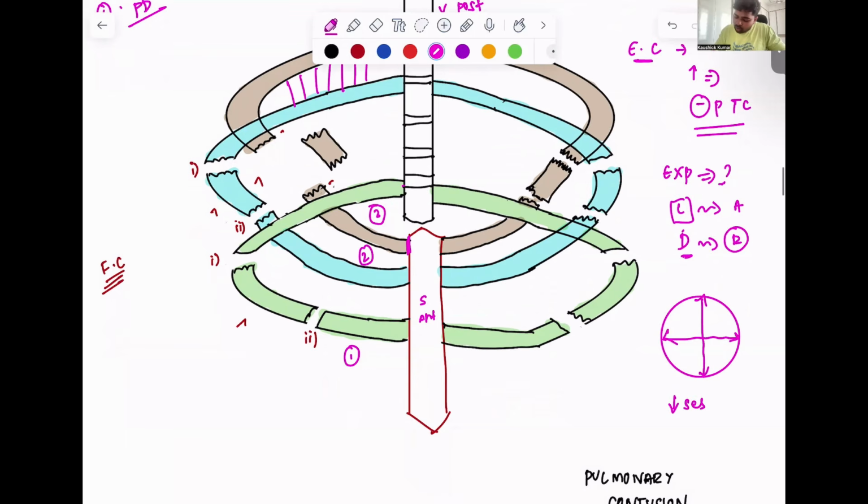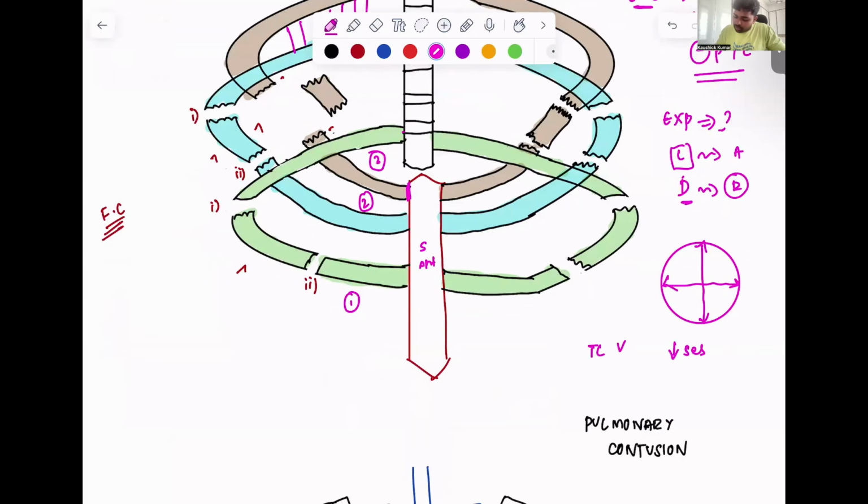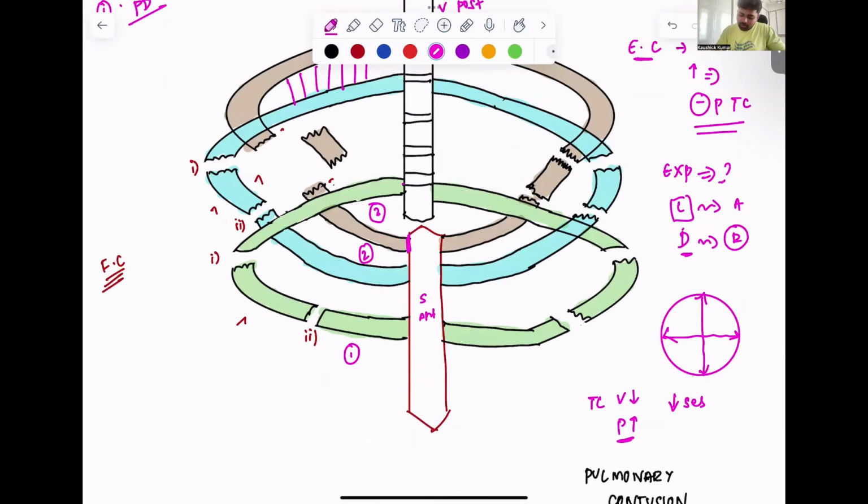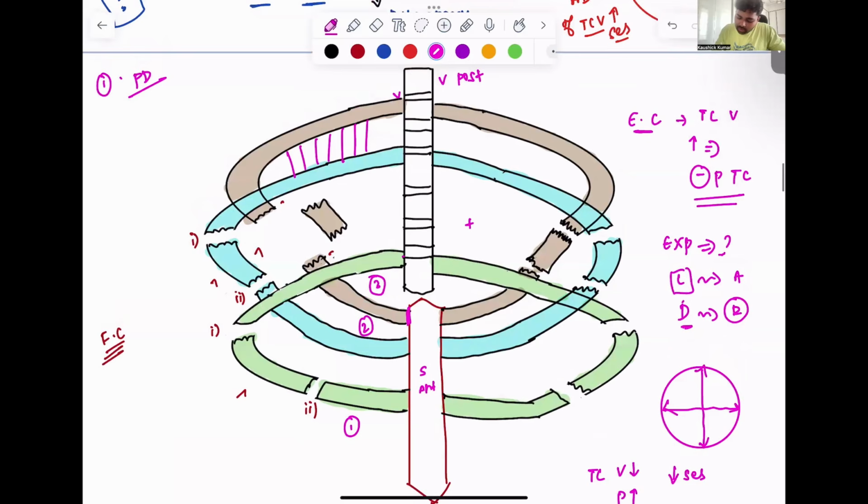When thoracic cavity volume decreases, pressure will increase, right? This positive pressure that gets created inside the thoracic cavity pushes the air from the thoracic cavity into the atmosphere.